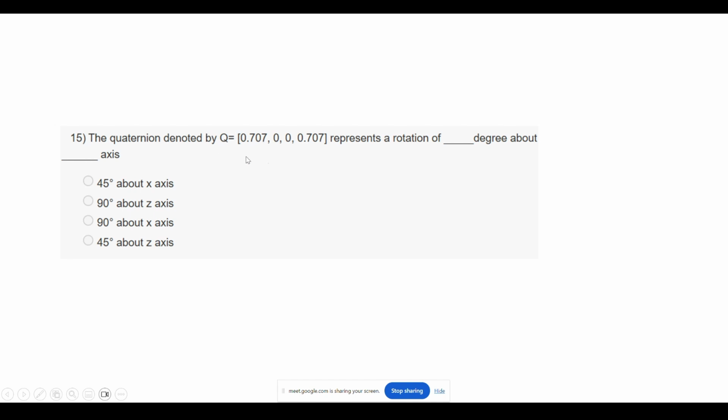So the first term, 0.707, is the cos theta by 2 term, and so theta comes up to 90 degrees essentially, and the rotation has happened along the z-axis because there is a term only there. So the answer is 90 degrees about z-axis.